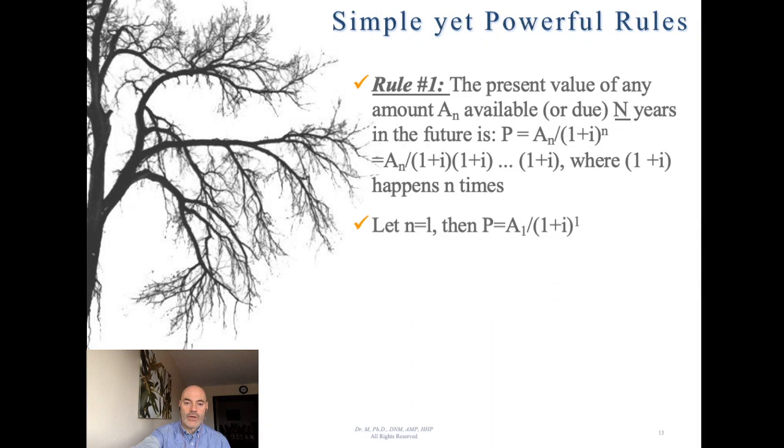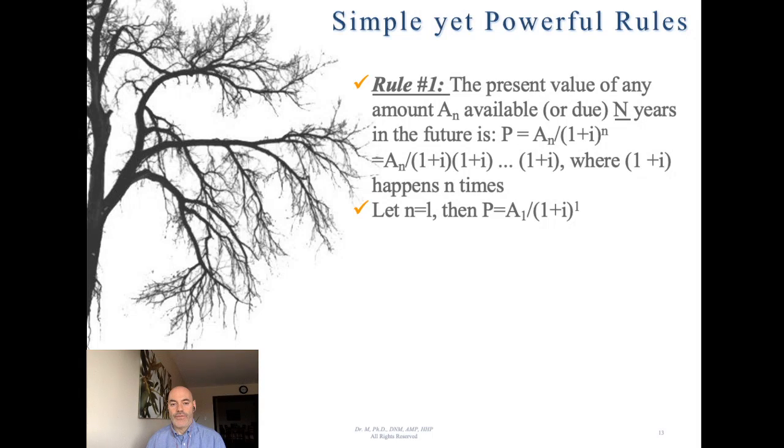Specifically, let's suppose that n takes value of 1, and this is what we have considered in the last two videos. When n equals 1, then it becomes very simple. That's what we've been using in terms of annual interest rate and calculation. Now, when n takes 2, or 2 years from now, then you just substitute, and that's what you have in front of you on the screen.